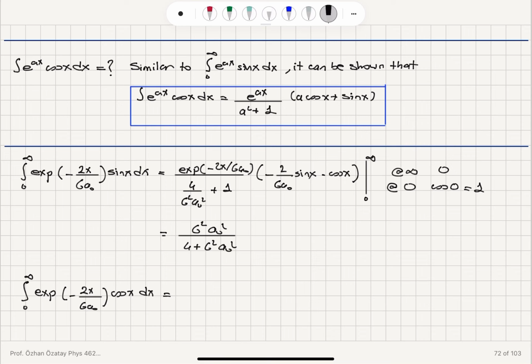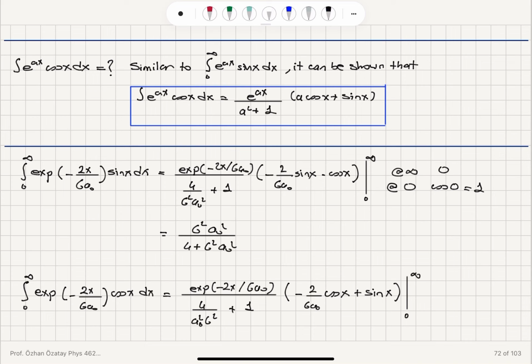That is exponential minus 2x over ga0, a square plus 1, that is 4 divided by a0 square g square plus 1. Then I have a cosine x, which is minus 2 over ga0 cosine x. Then I have plus sine x. This will be evaluated between 0 and infinity as well.